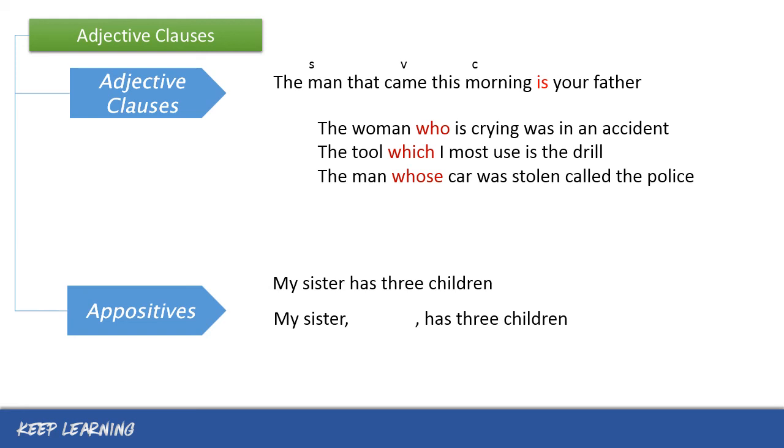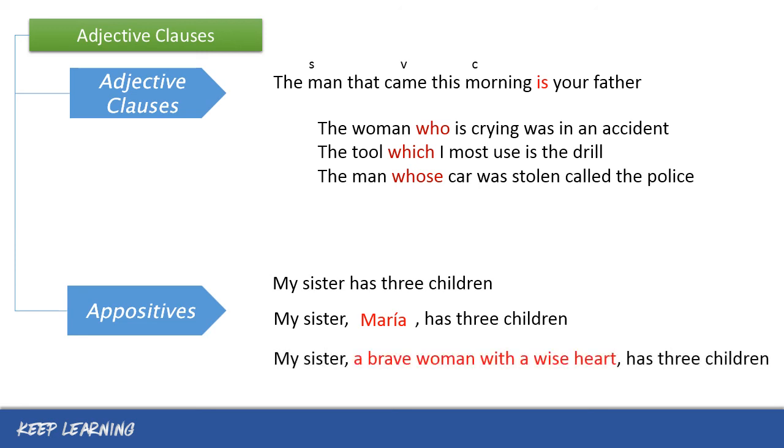I can do very simple things like just give you her name. My sister Maria has 3 children. That way I'm just giving you more information about my sister. Very simple. Now I can make it more complex, like my sister, a brave woman with a wise heart, has 3 children.